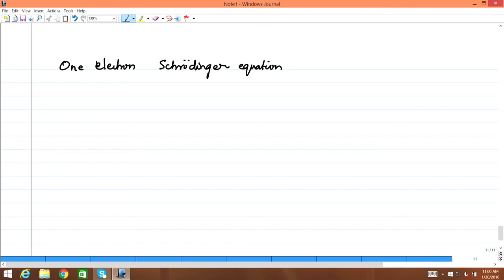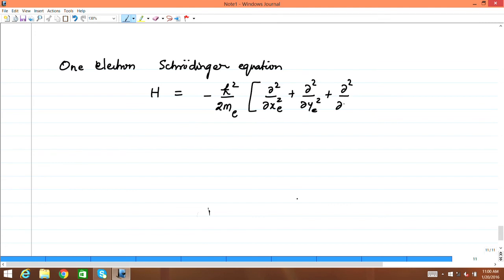And the Hamiltonian for the 1 electron system is given by minus h bar square by 2 m e, the mass of the electron. It is a 3-dimensional system, therefore the kinetic energy contains 3 components. The derivative with respect to the 3 coordinates, dou square by dou x e square plus dou square by dou y e square plus dou square by dou z e square, and the potential energy minus Z e square by 4 pi epsilon naught r.